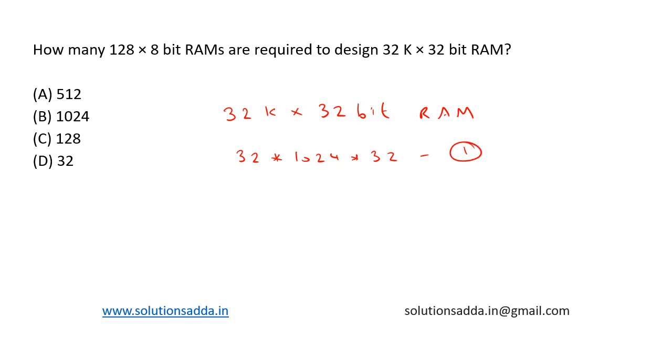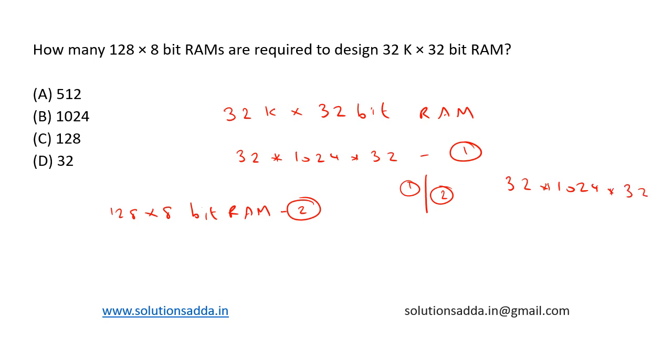We have 128 cross 8 bit RAM. So the total number of RAM chips required is equation 1 divided by equation 2: 32 into 1024 into 32 divided by 128 into 8. We will get 1024. So the correct answer is option B, 1024.